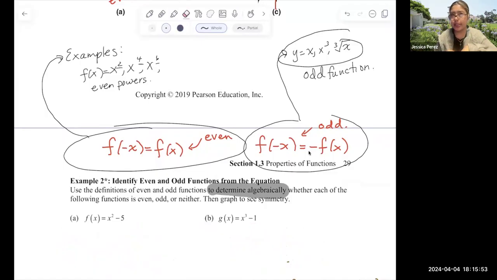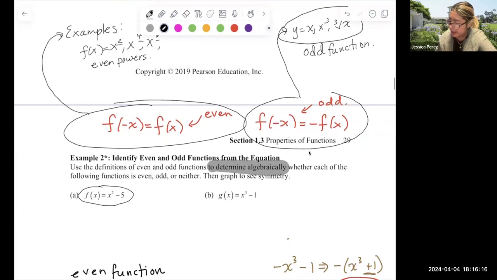How will you be able to distinguish whether they're odd or even? Use the definitions of even and odd to determine algebraically, meaning you have to substitute something, whether the functions are even, odd, or neither.